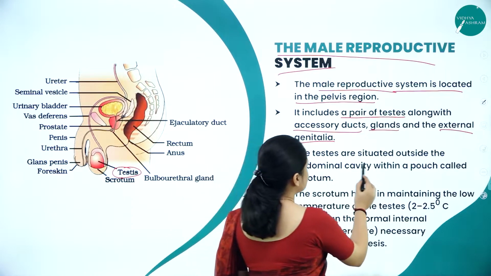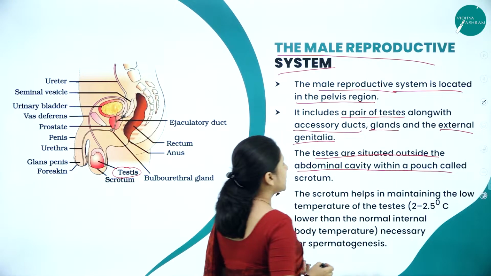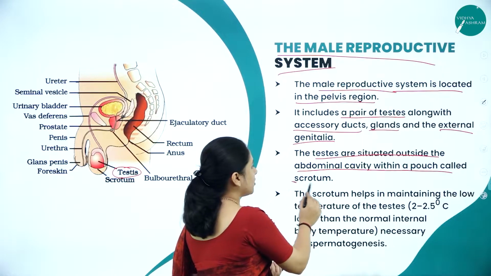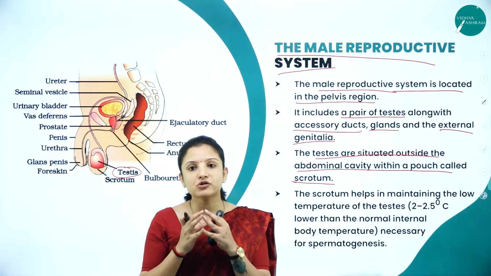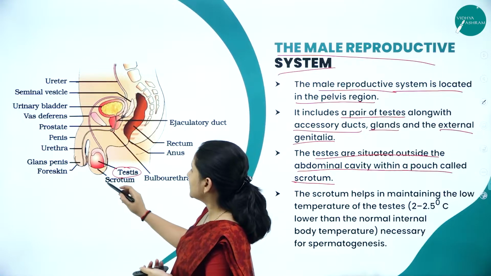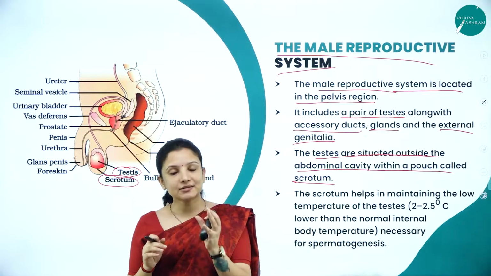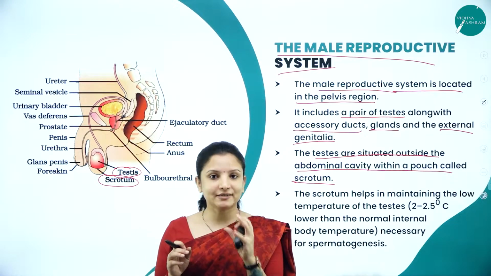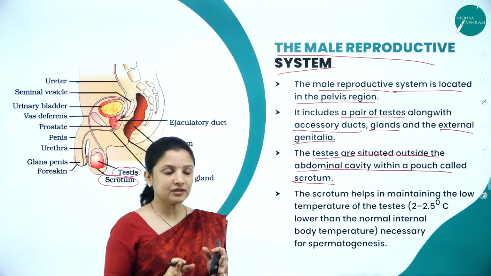The testes are situated outside the abdominal cavity in a pouch-like structure called as scrotum. So it is very well safeguarded in a pouch-like structure which is called as scrotum. Can you see here the pouch-like structure that is there? Inside the pouch-like structure, actually the testis is present, and that pouch-like structure is called as the scrotum.